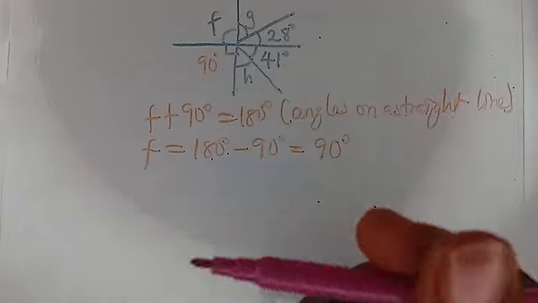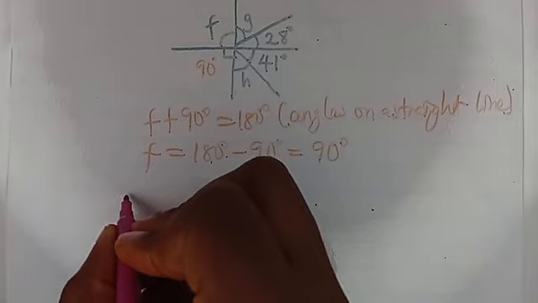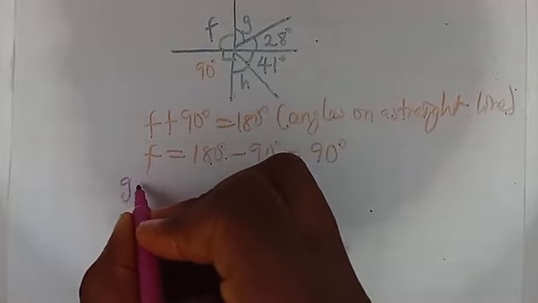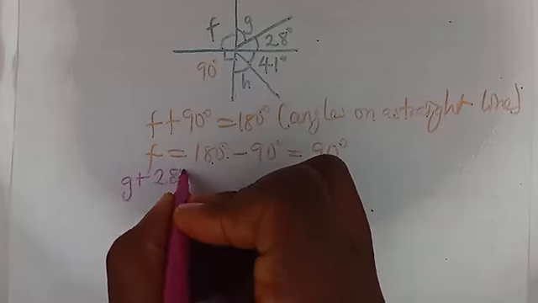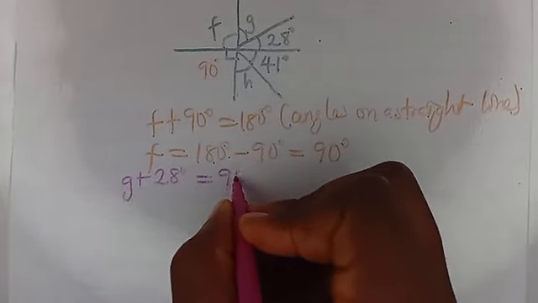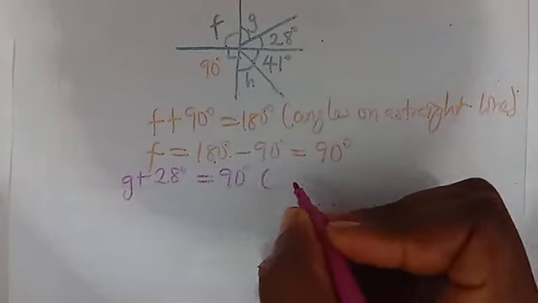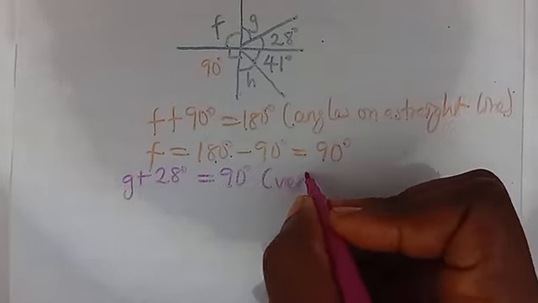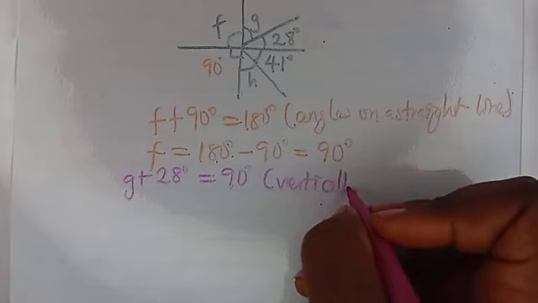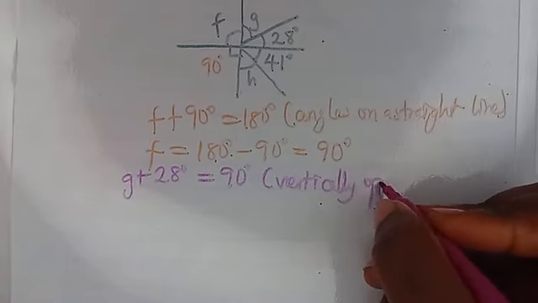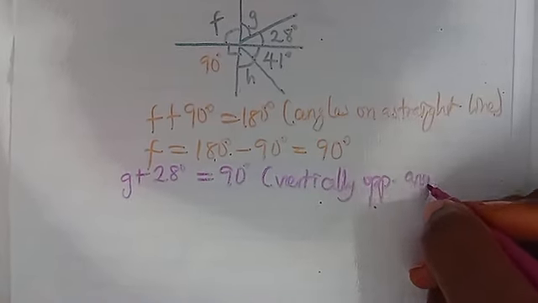So I'll say that angle G plus 28 degrees is equal to 90 degrees. And I'll say that the reason is vertically opposite angles.